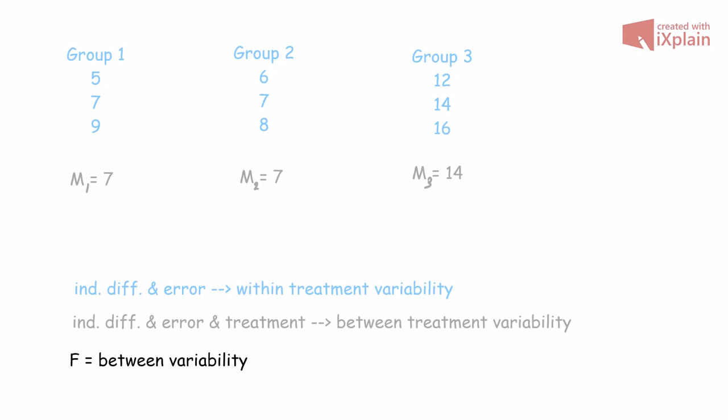And so to create an F value, what we do is we take the variability between and divide that by the variability within. Remember that the variability between has in it individual differences and error and the treatment effect.